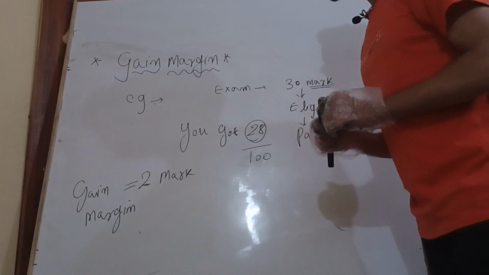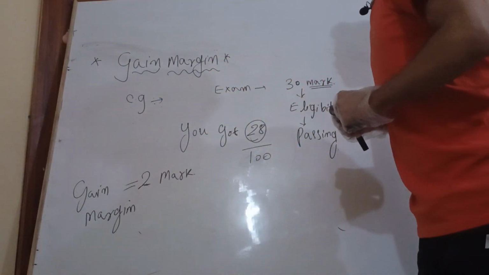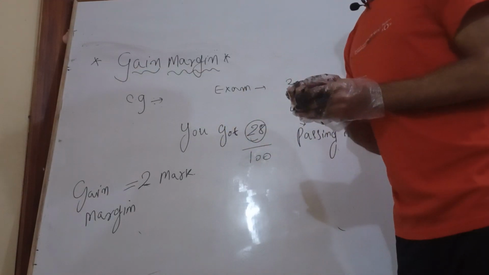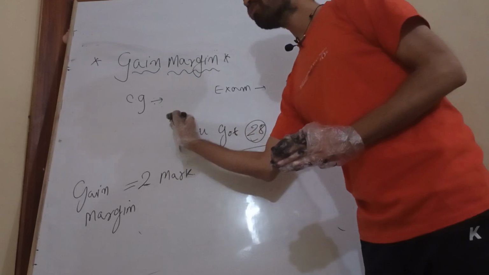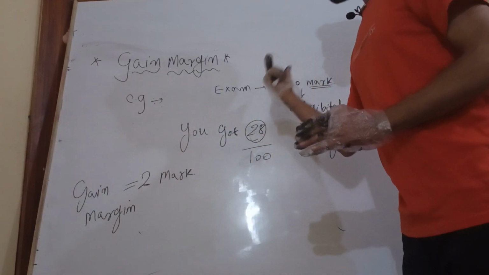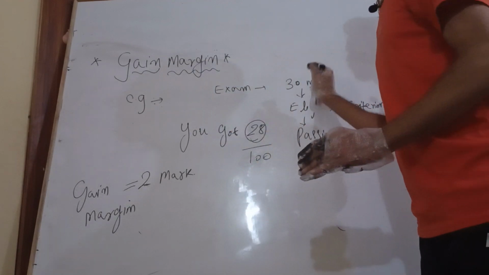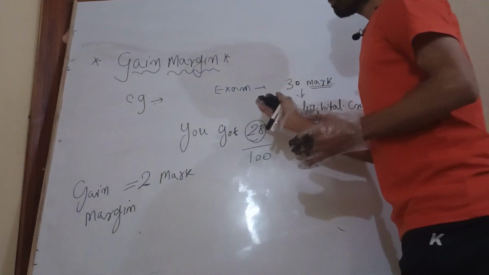Something that you want to achieve has an eligibility criteria. Everywhere there is an eligibility criteria, and first of all you have to qualify that. Qualifying the eligibility criteria for something is nothing but gain margin.